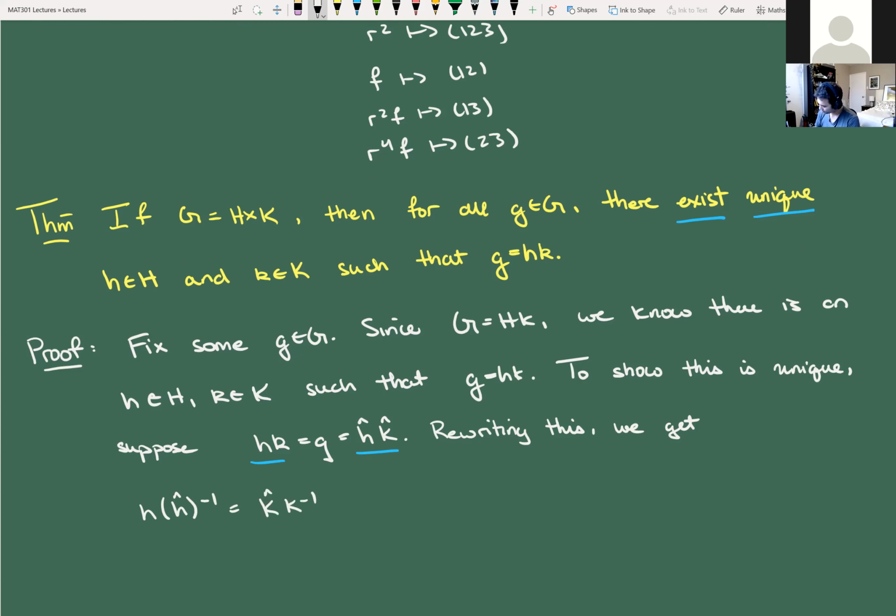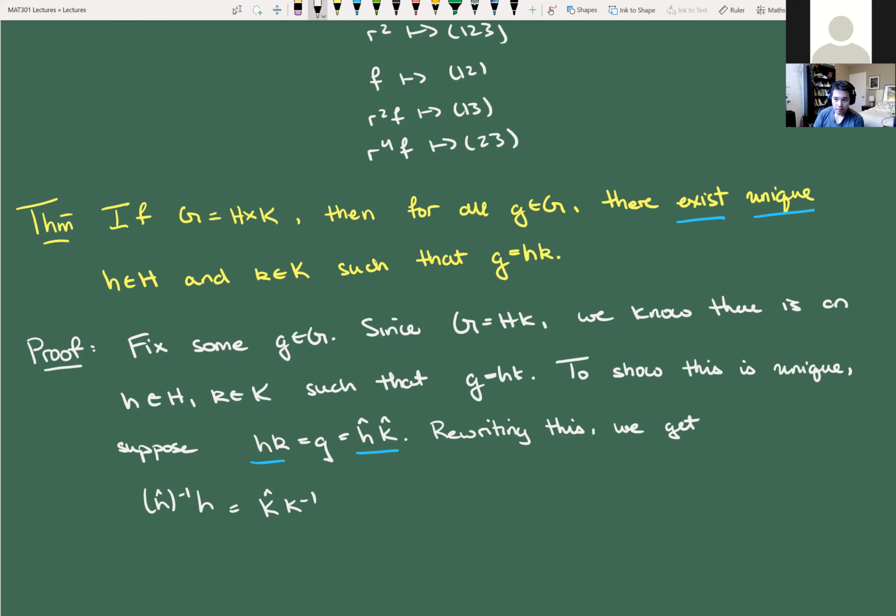So multiply both sides on the right by k inverse. Let me double check here. Did I do something dumb? Oh, I need to put the h hat on the left, don't I? Yeah, sorry, it doesn't make a difference. There we go. Yeah, that's good, h hat should be on the left.